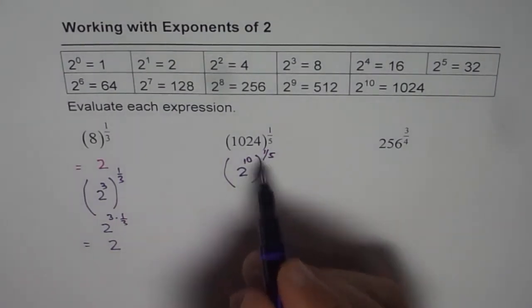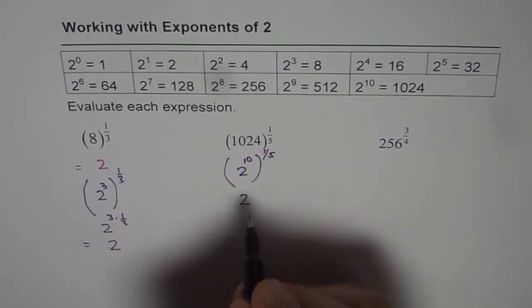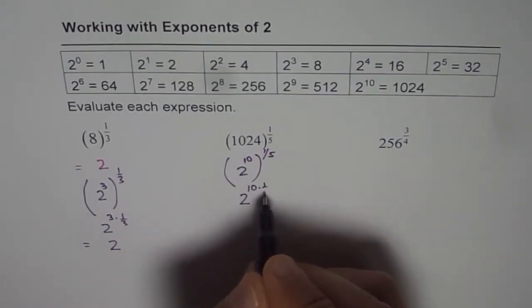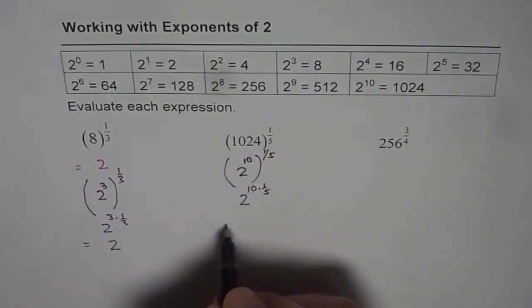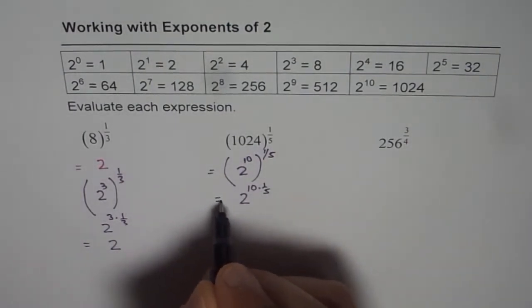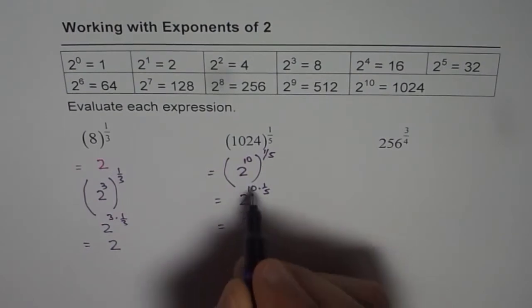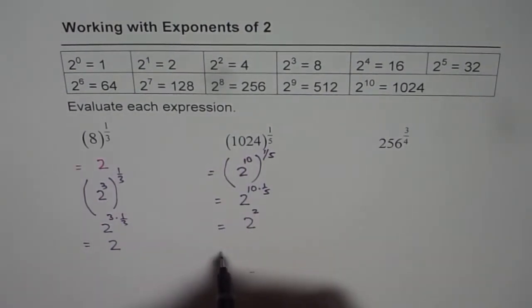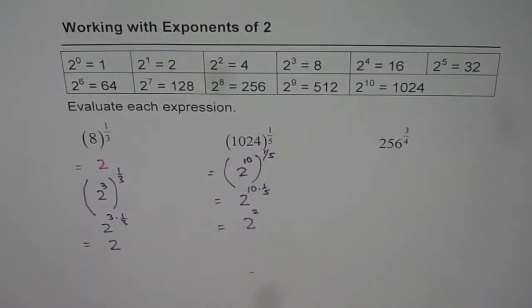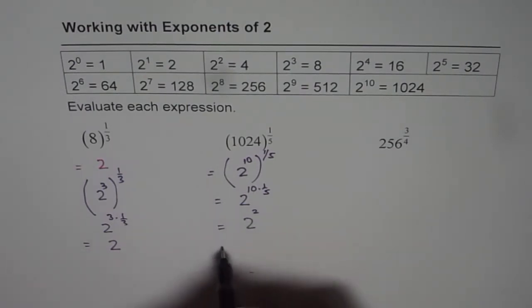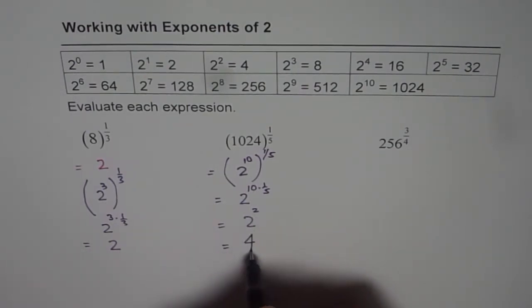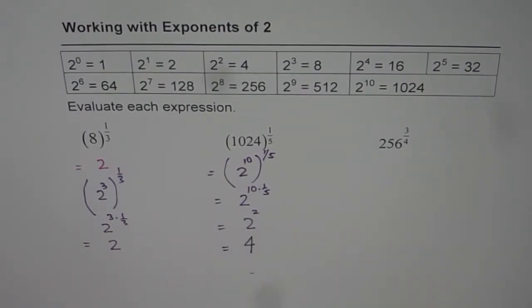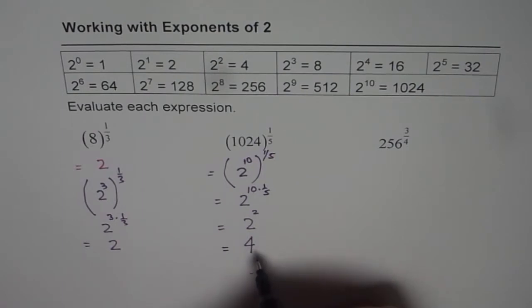Laws of exponents, they get multiplied, so we get 2 to the power of 10 times 1 over 5, and that is indeed equal to 2 to the power of 10 divided by 5. 10 divided by 5 is 2, right? So we get 2 squared, which is 4. So we get our answer as 4, right? So that is how we can get the answer.